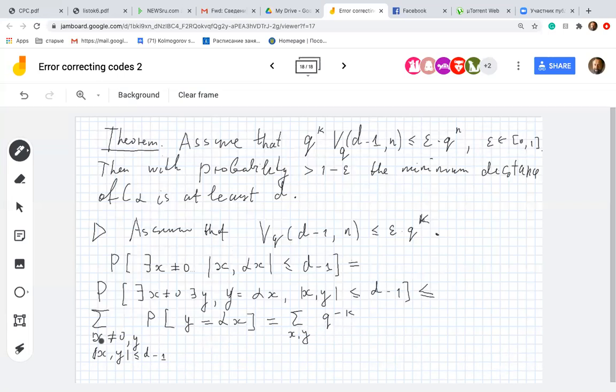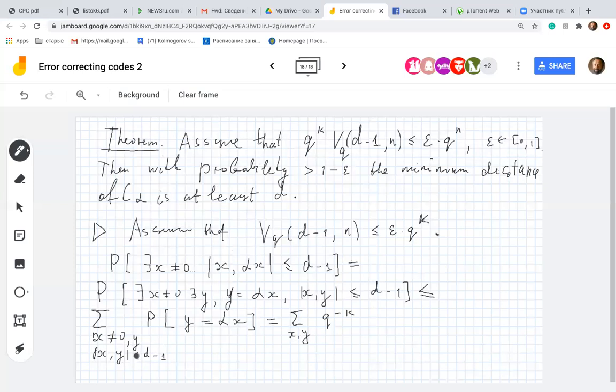So we need to find out how many pairs x, y we have. The Hamming weight of the pair x, y is at most d minus 1. Therefore, there are at most V of d minus 1 such pairs.